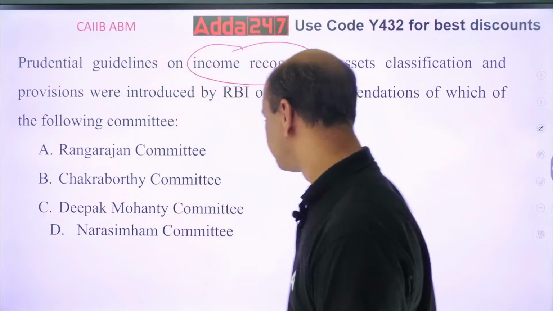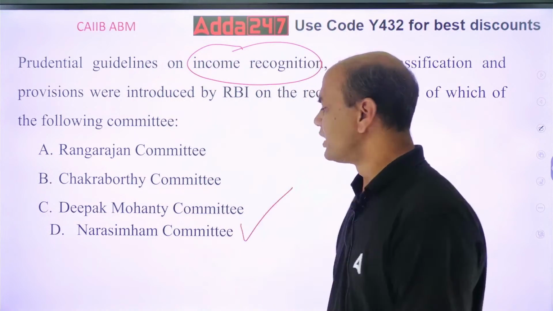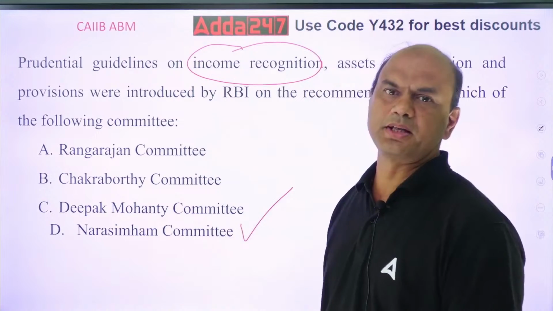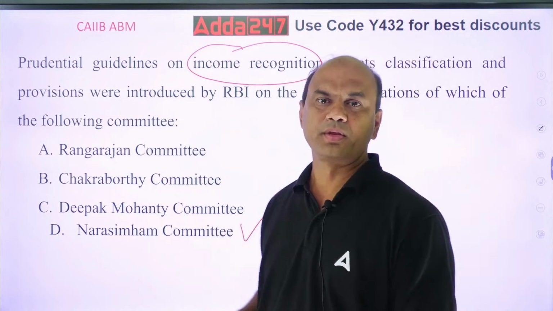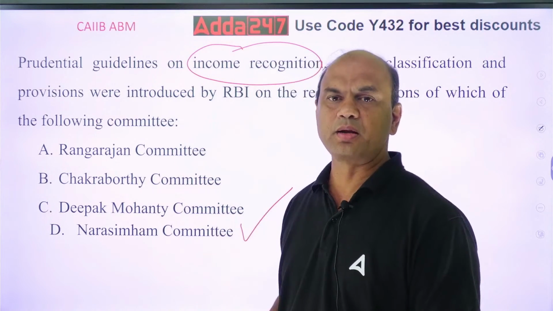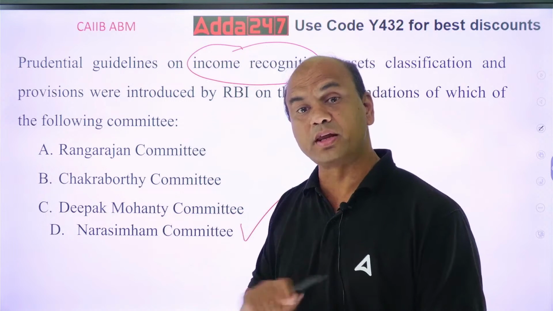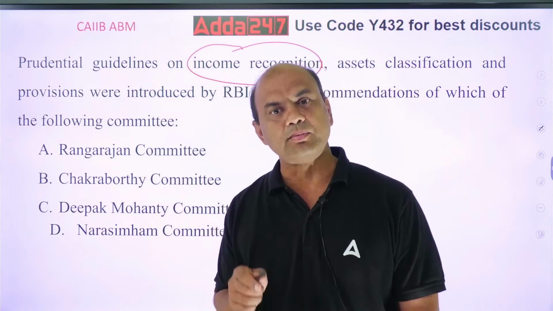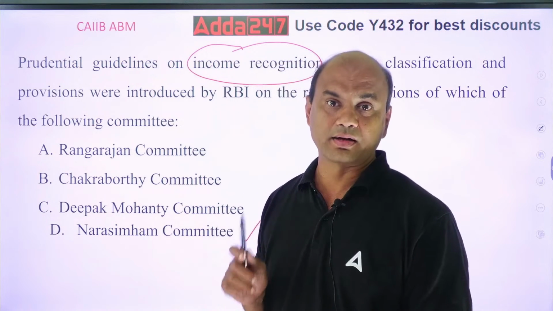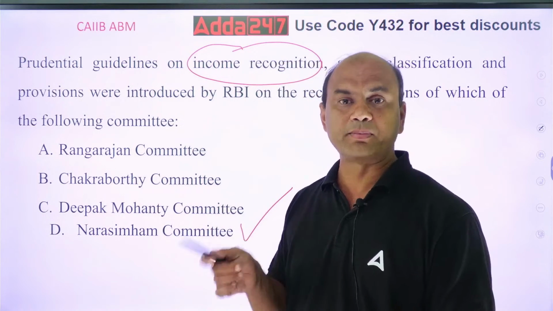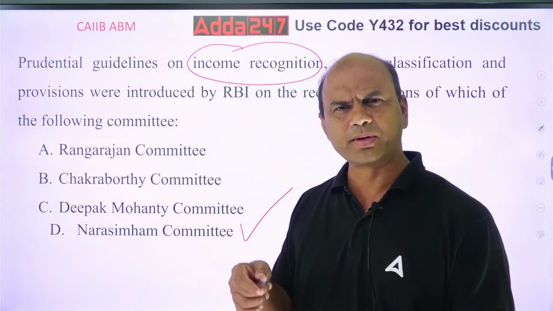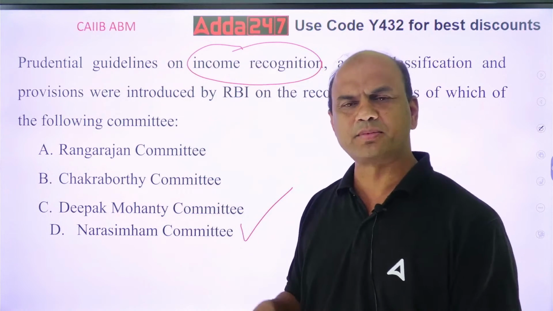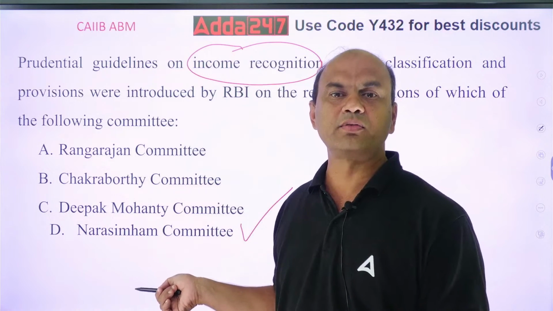In fact, there were two Narsimham committees, 91 and 98. Both gave very good recommendations. Because of the 1991 committee, our country brought in private banking. All these new private banks which you see, HDFC Bank, ICICI Bank, have come in because of the 91 Narsimham committee.